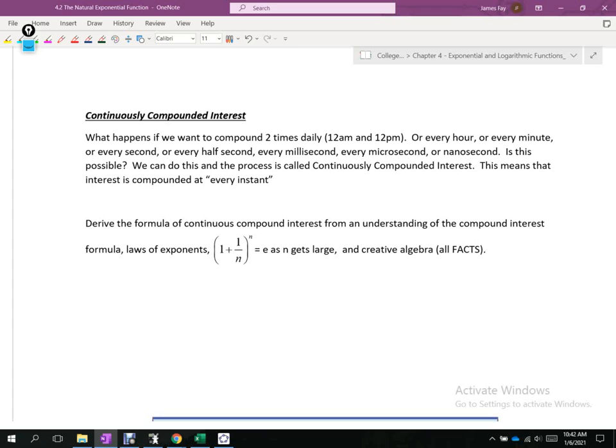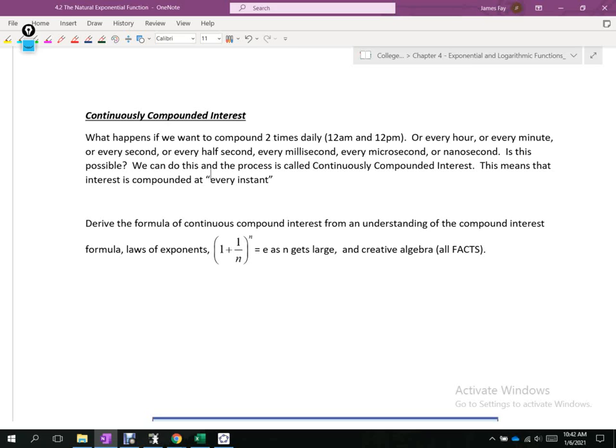Going back to our finance type questions, compounding interest. When we compound interest continuously, it means that by the time my money rolls over, it is rolling over again. It's always making money, and that new money that has been made is now collecting interest to make more money for me.